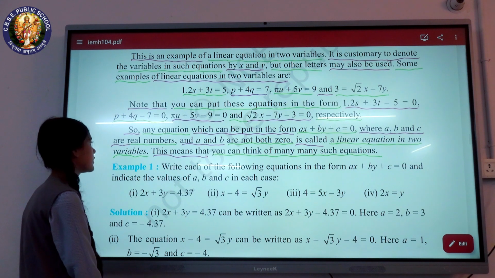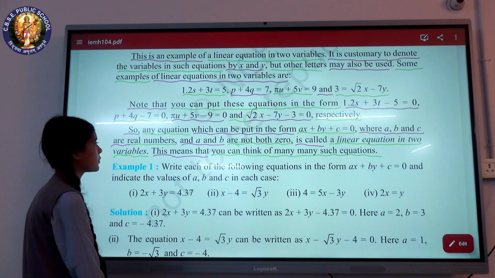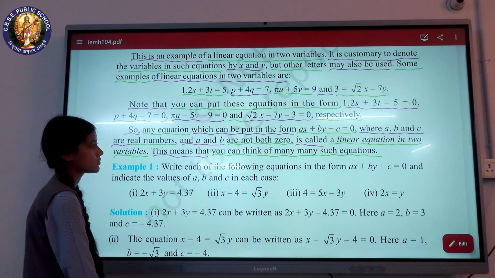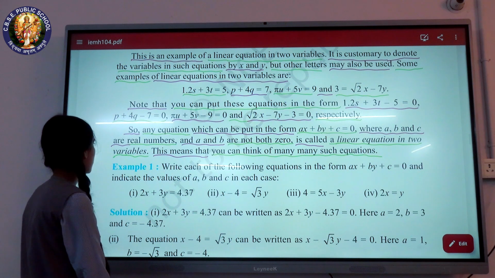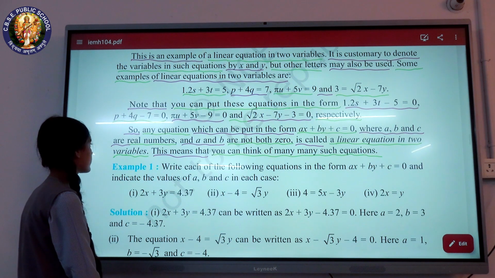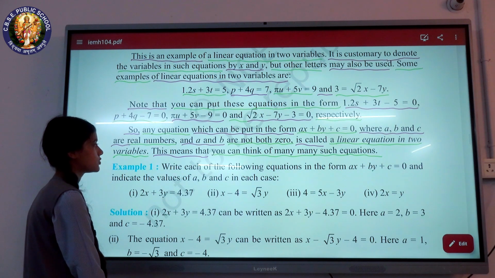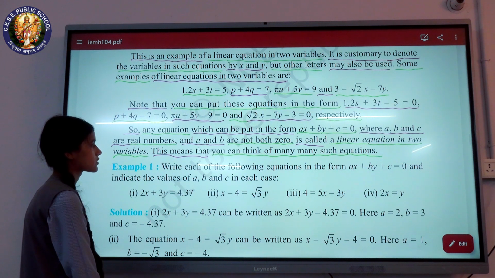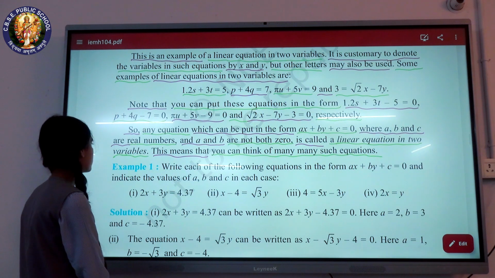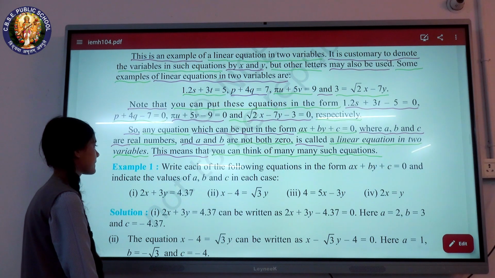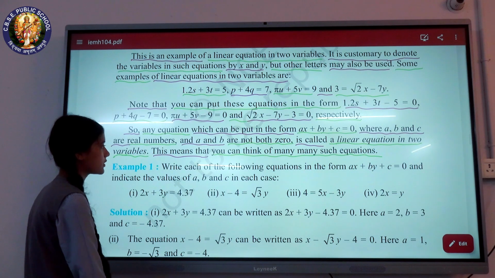So, an equation which can be put in the form ax + by + c = 0, where a, b and c are real numbers, and a and b are not both zero, is called a linear equation in two variables. This means that you can think of many such equations.